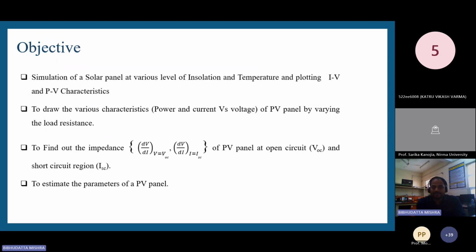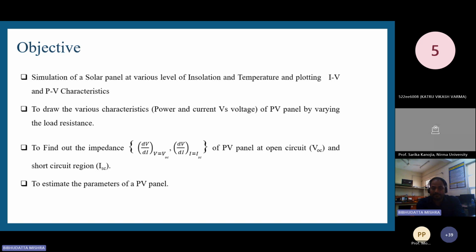So in this lab session, I will go for these 4 objectives to be completed one by one. First of all, the simulation of a solar panel at various levels of insolation and temperature, plotting the IV and PV characteristics. The second one, we draw various characteristics by varying the load resistance.